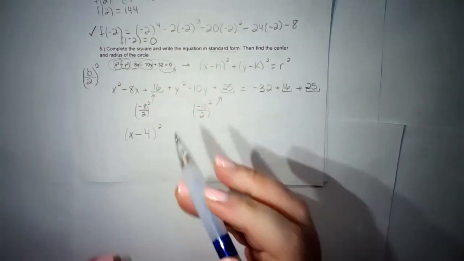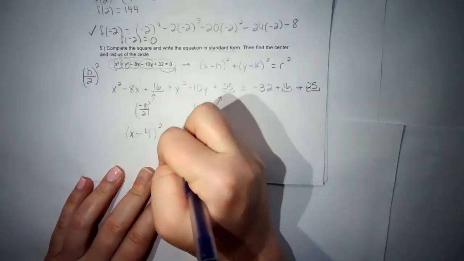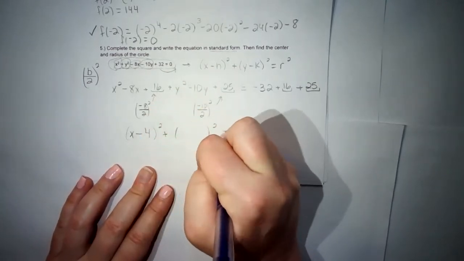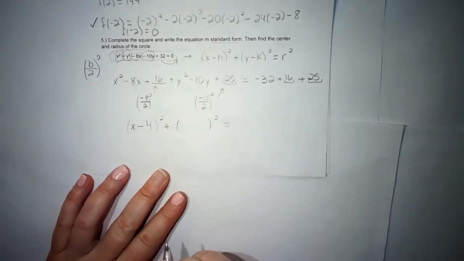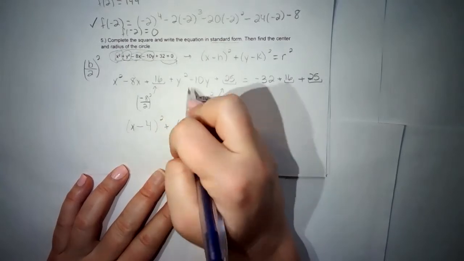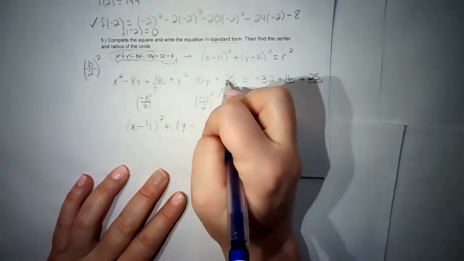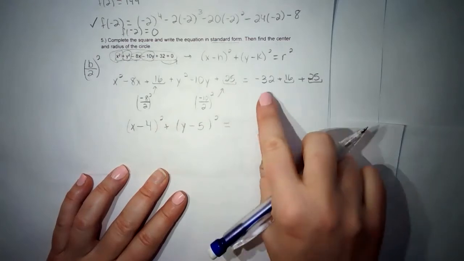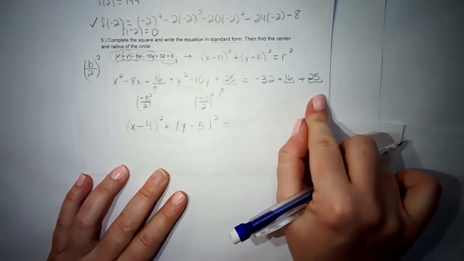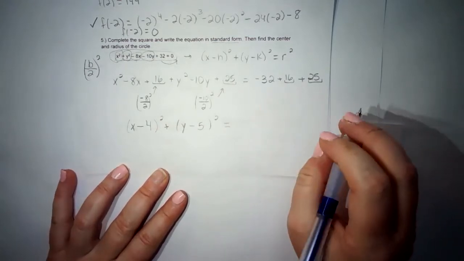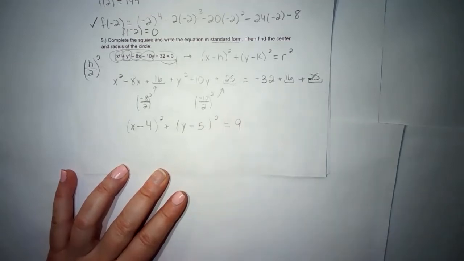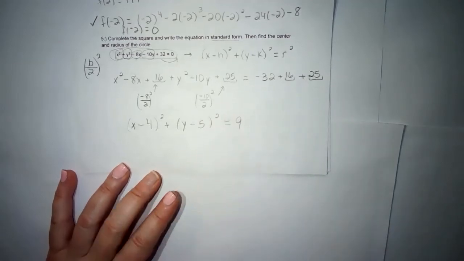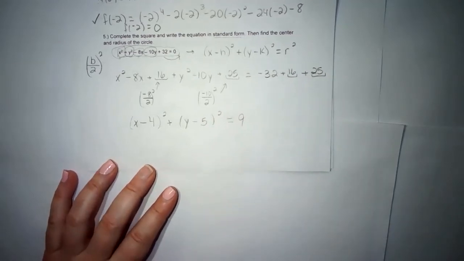Okay. And then we have a plus. And then I'm going to make a packet for y squared: square root, sign, square root. Okay. And then I'm going to just clean up the right side. I'm going to put that right into my calculator. And it turns out to be 9. Okay, that is standard form.